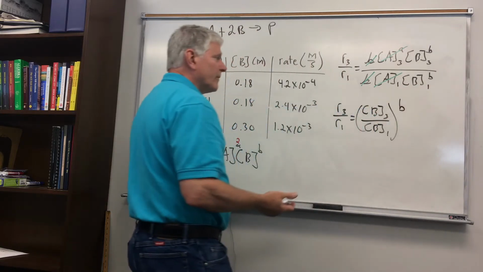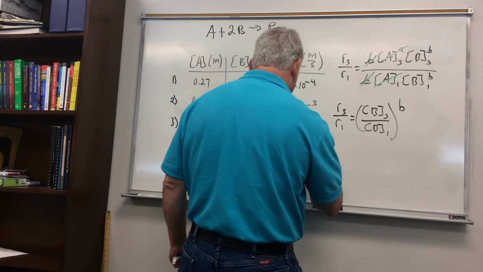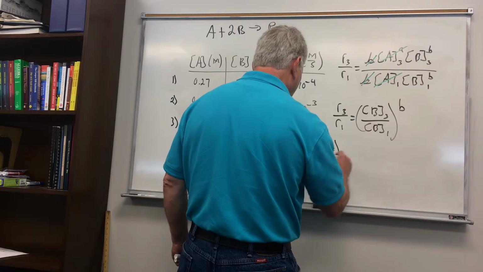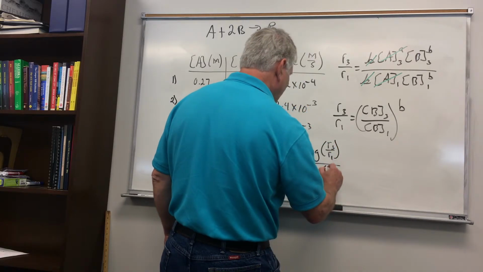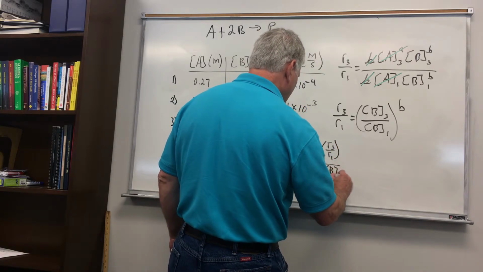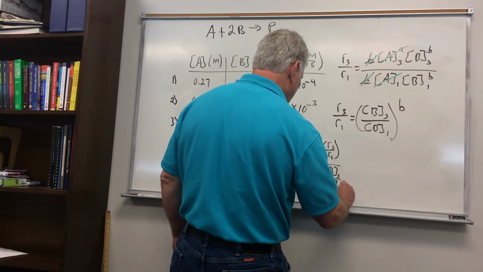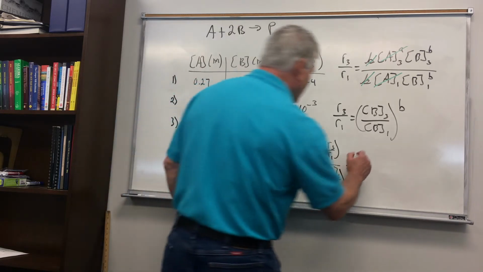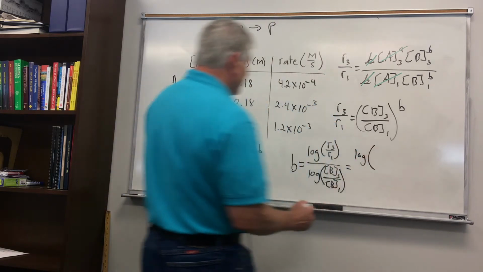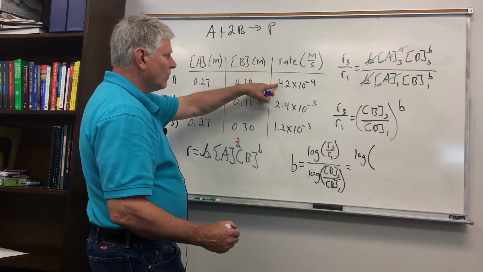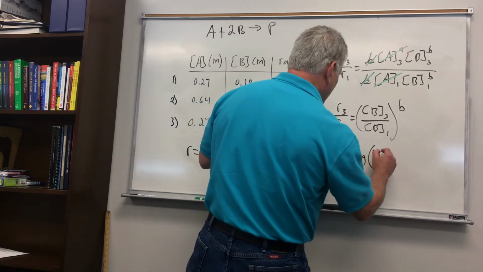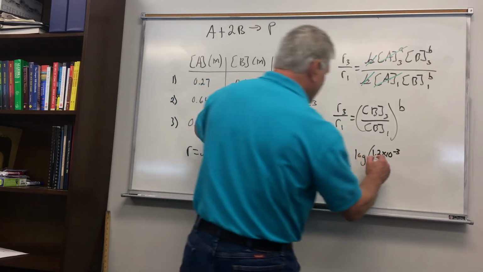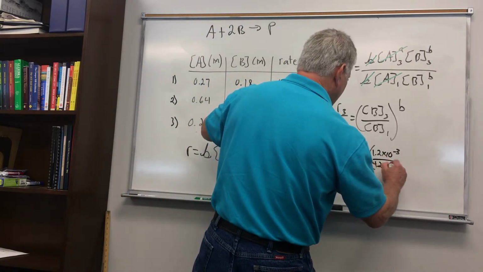So we can take the log of both sides of the equation and solve for b. And putting numbers in, so we'll have the log of the rate at 3 and 1. So that's 1.2 times 10 to the minus 3 molar per second divided by 4.2 times 10 to the minus 4.